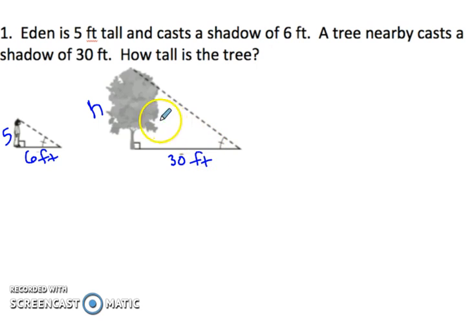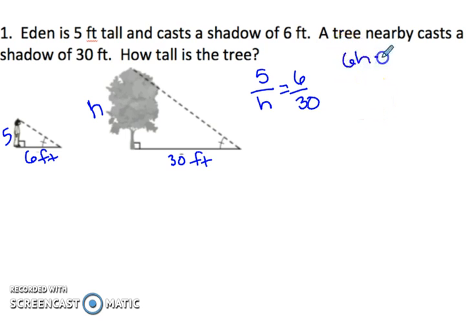We can use proportions again to find this. It's not easy to measure the height of the tree. This is indirect measurement. So we're going to use the triangle that we do know in order to figure out the triangle that we don't know. So for my proportion, I know that 5 matches up with H. They correspond to each other. So I'm going to say 5 over H is equal to 6 over 30.